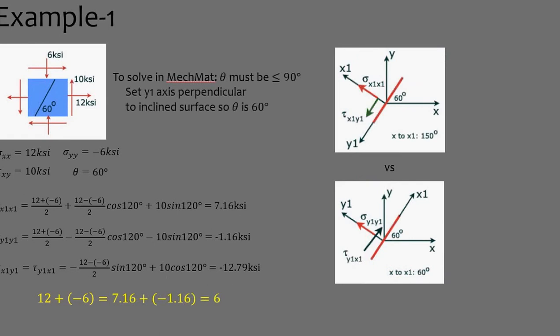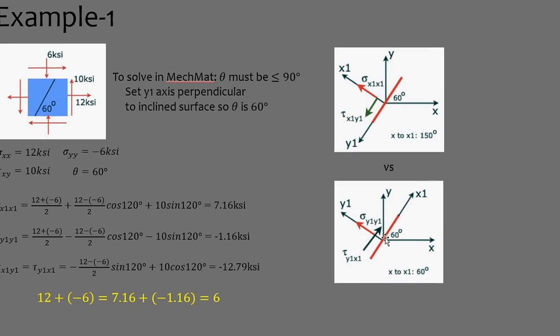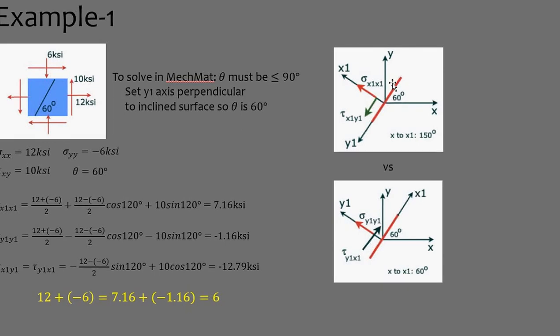One thing to note is that now the shear stress is negative. And that's because on this figure shown, x1, the positive direction, is moving upward, and that would also be the positive direction of the shear stress. But as seen here in the original setup, the positive of the y1 was down, and so was the shear stress.